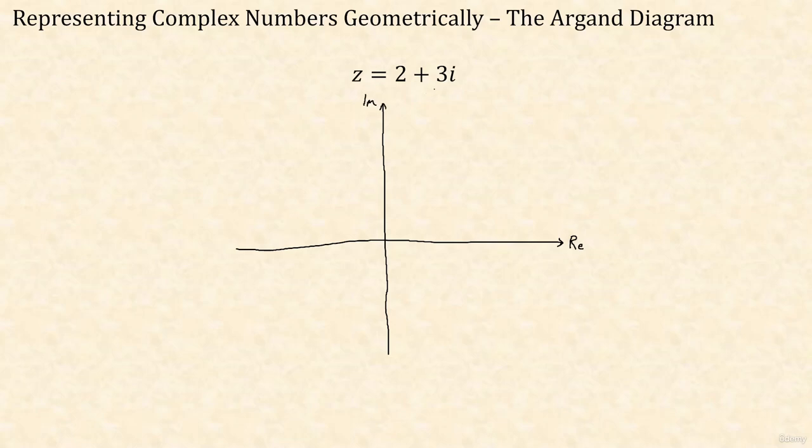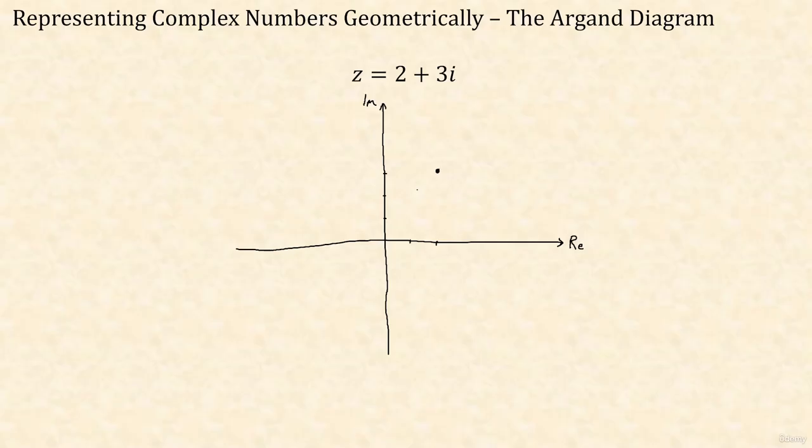And so what we do then is we say this number, which is 2 plus 3i, has a value of 2 in the real direction, so let's say that's 1 and 2, and a value of 3 in the imaginary direction, so 1, 2, 3, and so we place it here.